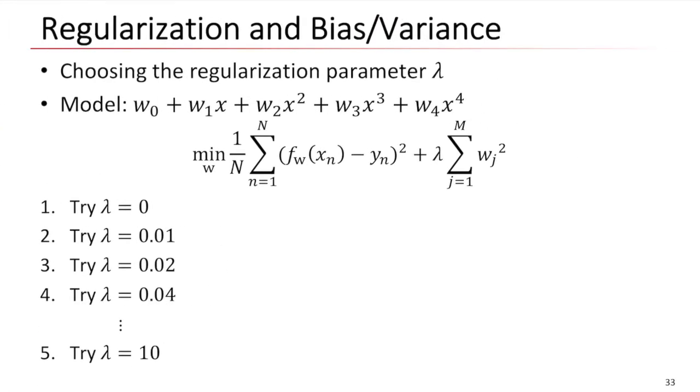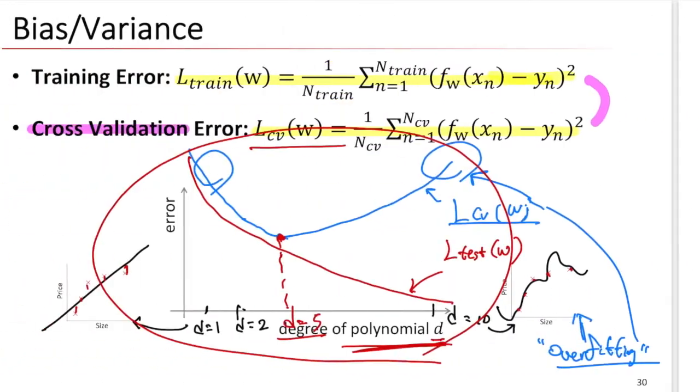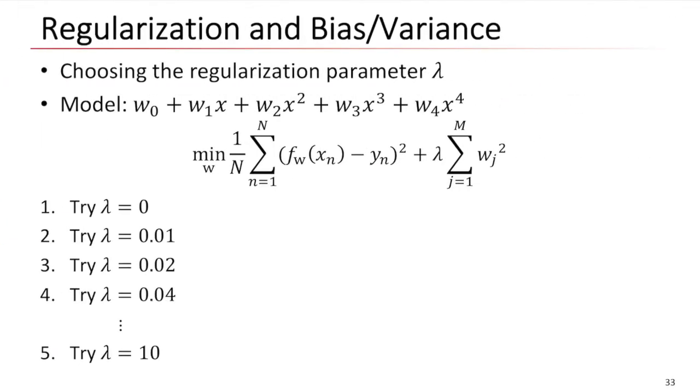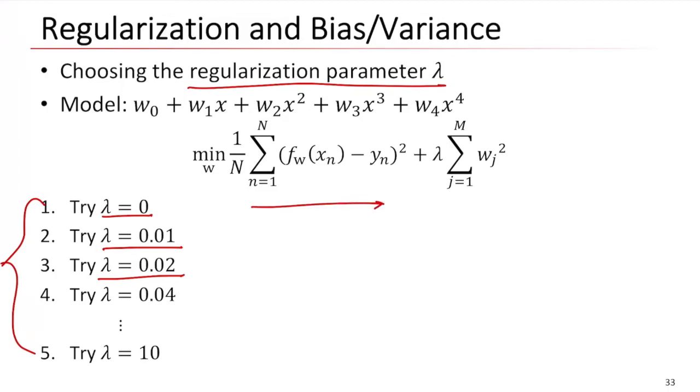Then how can we do that? Similar to this one, we have to pick the regularization parameter lambda using grid search. Try as many lambda values as possible: when lambda is equal to 0, 0.01, 0.02, or 0.10, something like that. Then what should we do? Compute the cross-validation error, something like this.